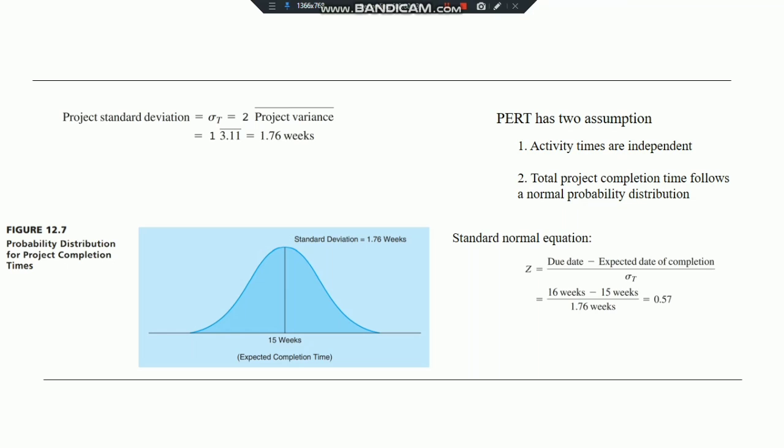Z is equal to the due date minus the expected date of completion, all over the standard deviation. So 16 weeks minus 15 weeks all over 1.76 weeks is equal to 0.57, where Z is the number of standard deviations the due date or target date lies from the mean or expected date.